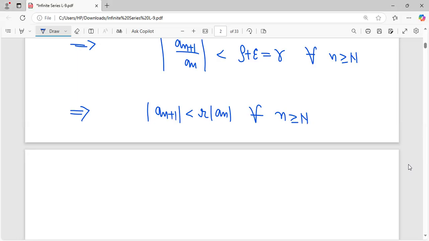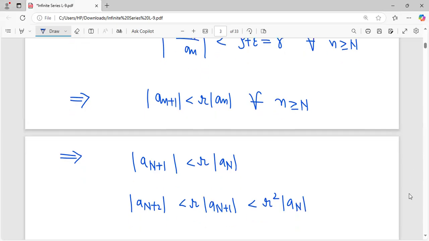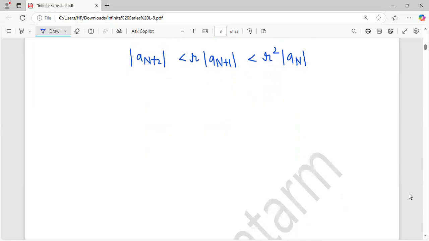So this is true for n. So this implies a_(n+1) is less than R times a_n. Then a_(n+2) is less than R times a_(n+1), but a_(n+1) is less than R a_n, so this implies R squared a_n. So what is a_(n+3)?